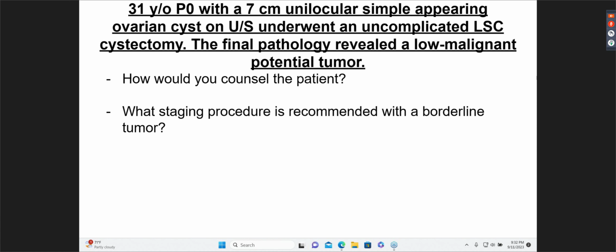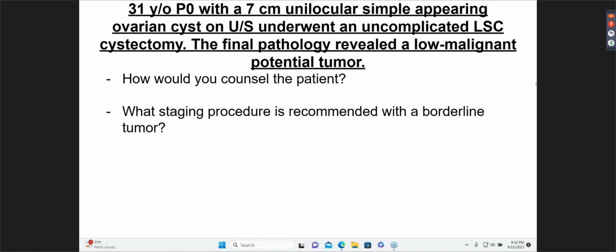However, if she does go back for surgery, with the gynecologic oncologist, I believe they would get pelvic washings to see if there is any concern. And if it is positive, then yes, they would do a lymphadenectomy.